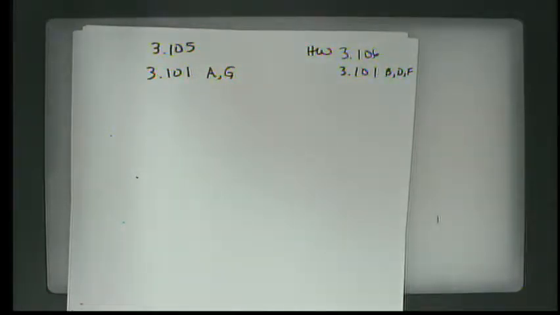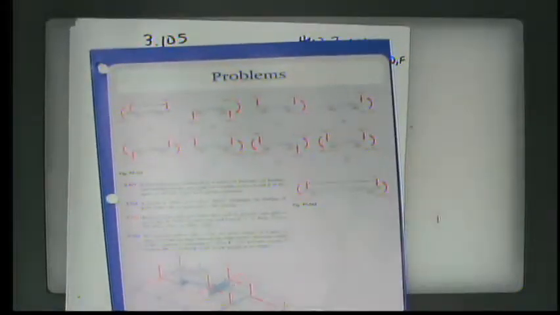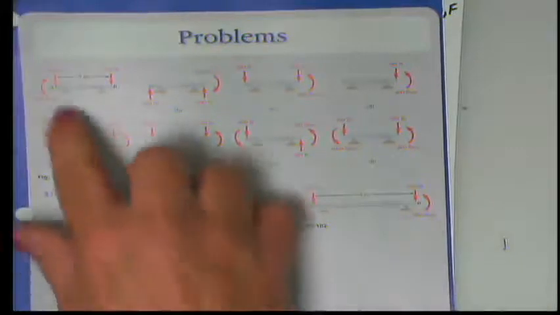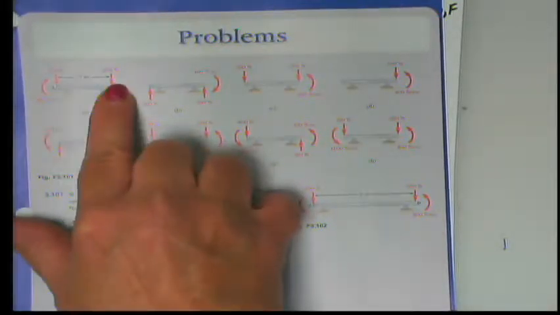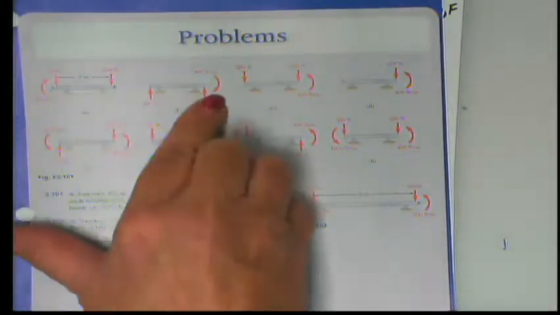All right, so first of all, let's take a look at problem 101 in your textbook. And what you'll see is that 101, and this is very faint, let me see if I can zoom in a little bit, shows a series of beams that are being loaded with forces and moments.